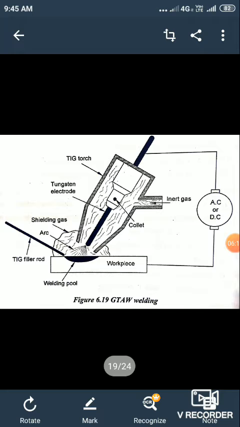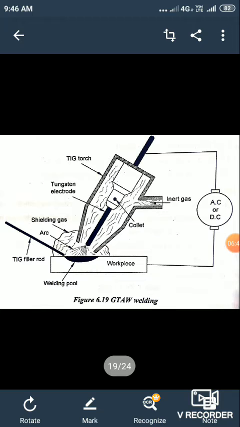Gas tungsten arc welding can be used for aluminium, magnesium, copper and copper alloys. Moreover, we can weld Inconel, carbon steels and stainless steels.